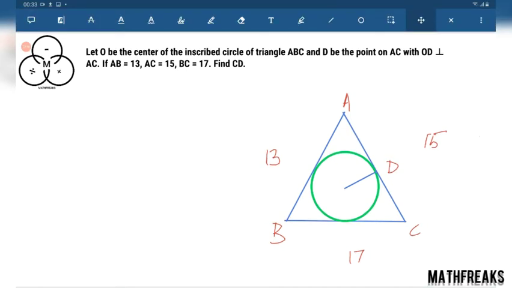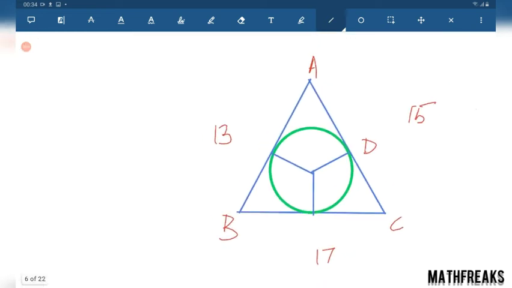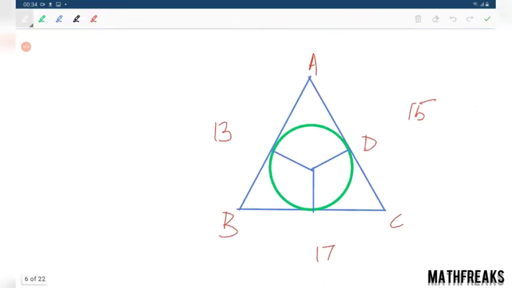This is a very easy question, and this fact is very useful in a lot of different problems. Let us draw perpendiculars from this point O. These are the perpendiculars dropped from this point. Let me name them D, E, F.